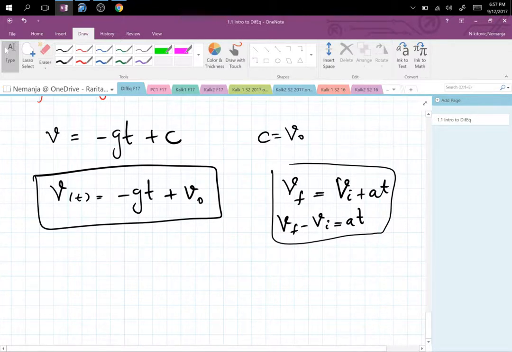Velocity is change of position in time. My position is in this classroom. And if I want to go to the printer over there, what's my velocity right now? 0. You see that in order for me to get there, my velocity has to change. So I have to put in some acceleration.